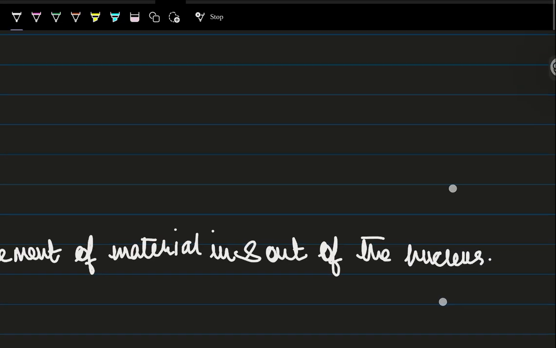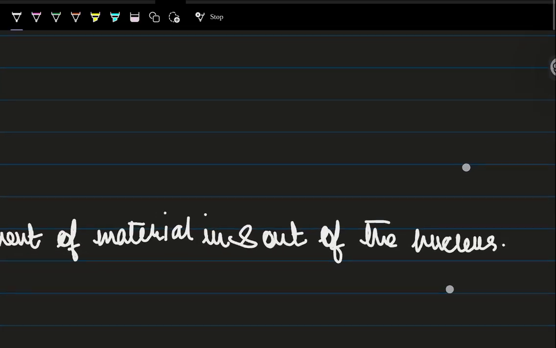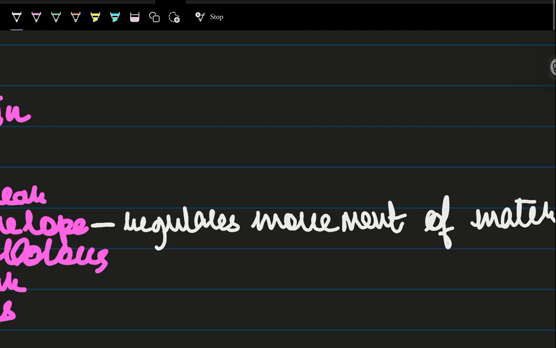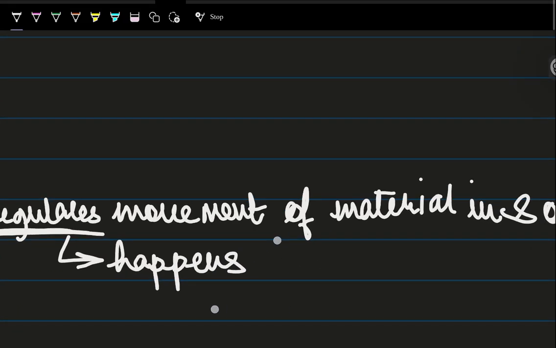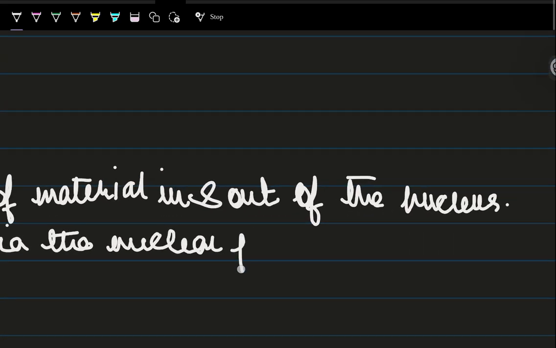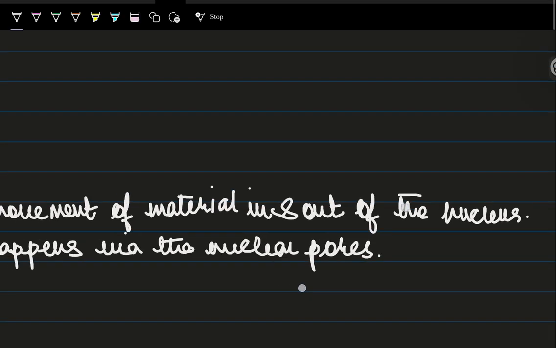Yes, is it clear? This regulation happens via the nuclear pores. Nuclear pores. Yes, I hope that's clear.